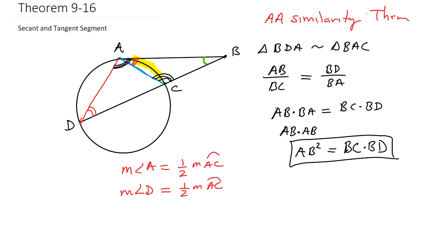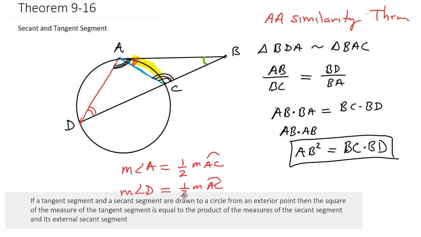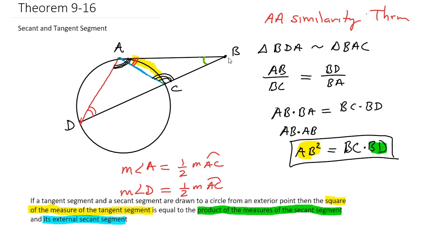Now let's interpret what this means. The theorem says, if a tangent segment and a secant segment are drawn to a circle from an exterior point, then the square of the measure of the tangent segment, sorry, I forgot the square, the square of the measure of the tangent segment, AB is the tangent segment, is equal to the product of the measures of the secant segment, which is BD, DB, whichever way we name it, times the external secant segment, the part of the secant that's in the exterior of the circle, so BC.